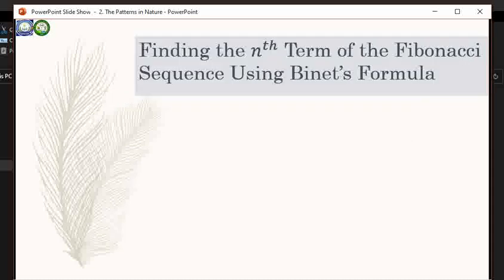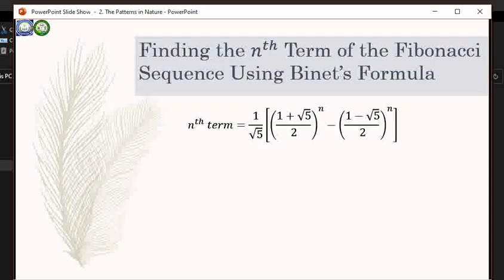So the best way to do that is to use Binet's formula. Binet's formula is 1 divided by the square root of 5, multiplied by the quantity of (1 plus square root of 5) all over 2 raised to n, minus (1 minus square root of 5) all over 2 raised to n.